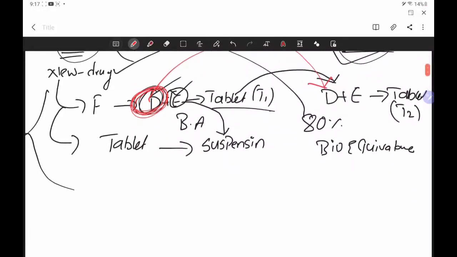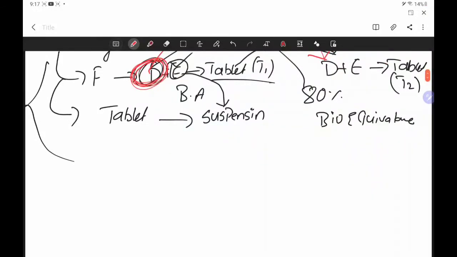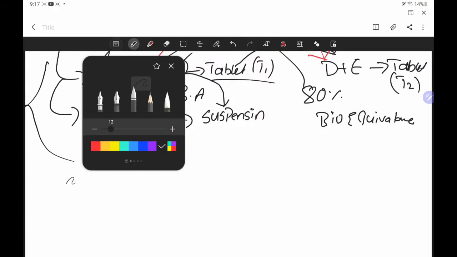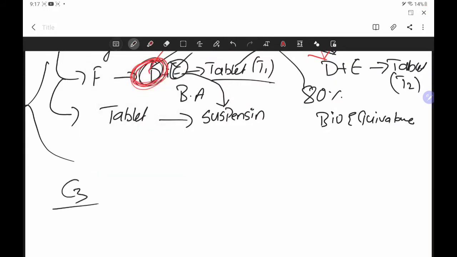Now let's say there is another company, I will take it as C3. All of a sudden this company C3 also wants to manufacture the same drug and same formulation, that is tablet, using their own excipients. I denote it as T3.